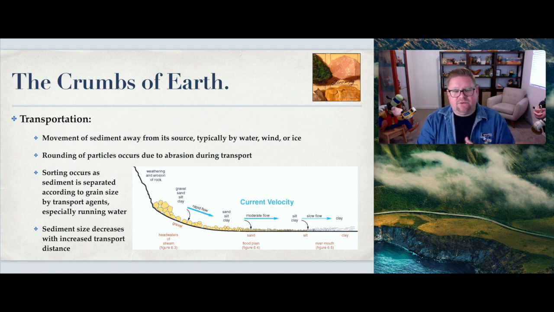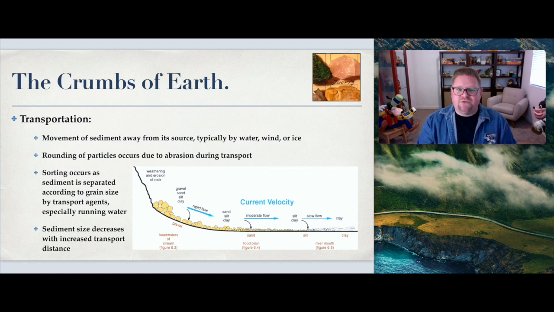So here we can see with transportation, it's the movement of sediment away from its source, typically by water, wind, or ice. In that process, those materials will then roll along by that type of motion, which will create a rounding effect generally. So rounding of particles occurs due to the abrasion during that transportation.